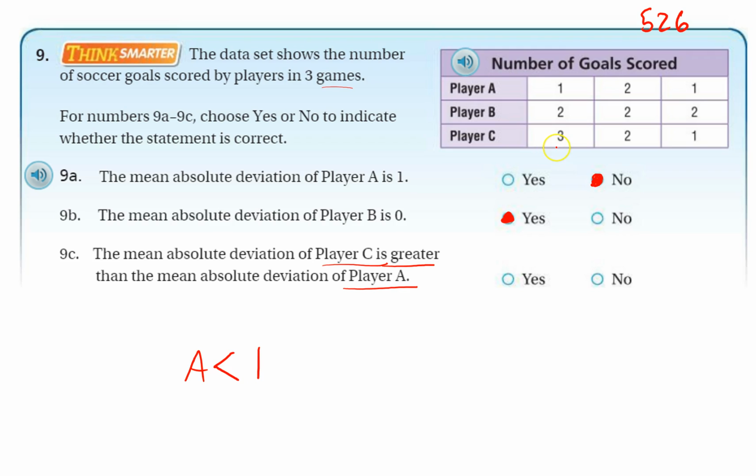For player A, it was greater than 0, though.